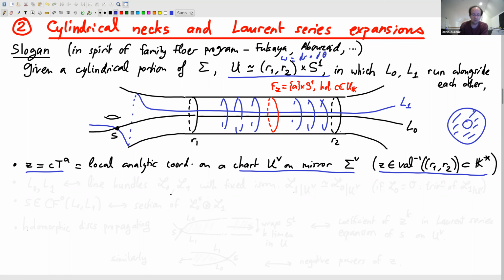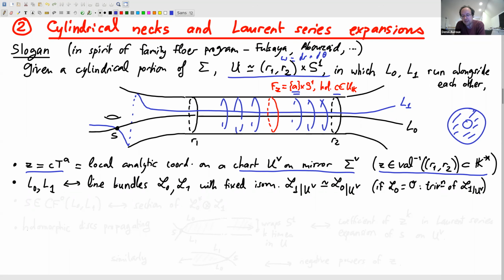And we define a local coordinate by taking the holonomy times t to the a as the value of this r coordinate. Of course, that means a is a proxy for how much area is between my given F sub z and some reference position, which is arbitrary. So if I change my reference position, z gets scaled by a multiplicative factor, some power of t.